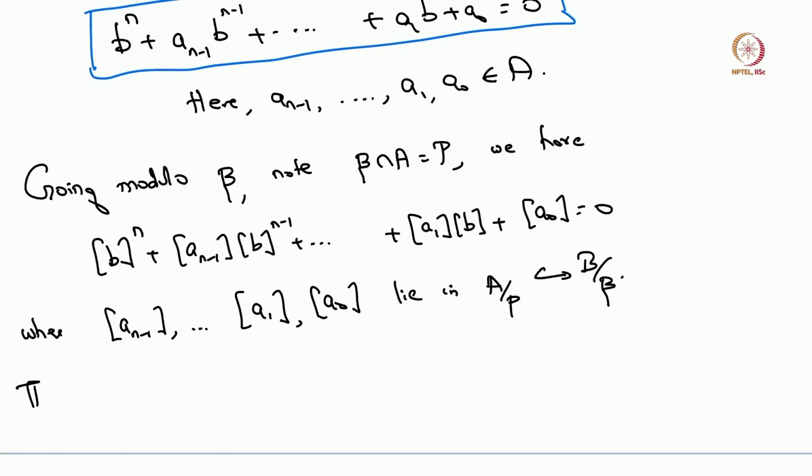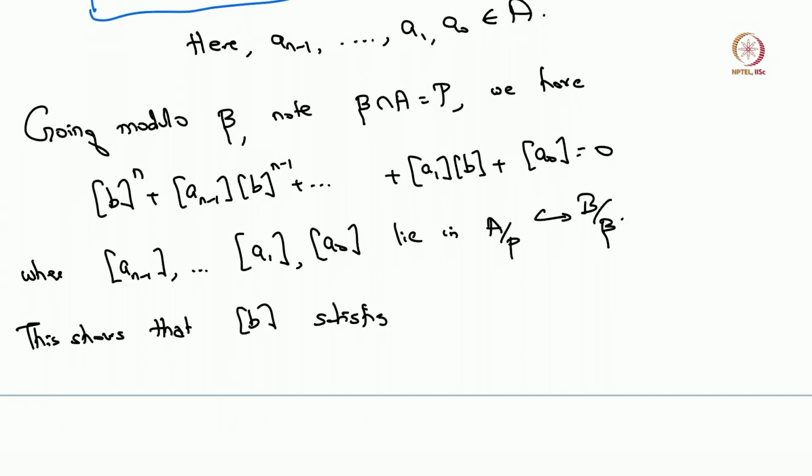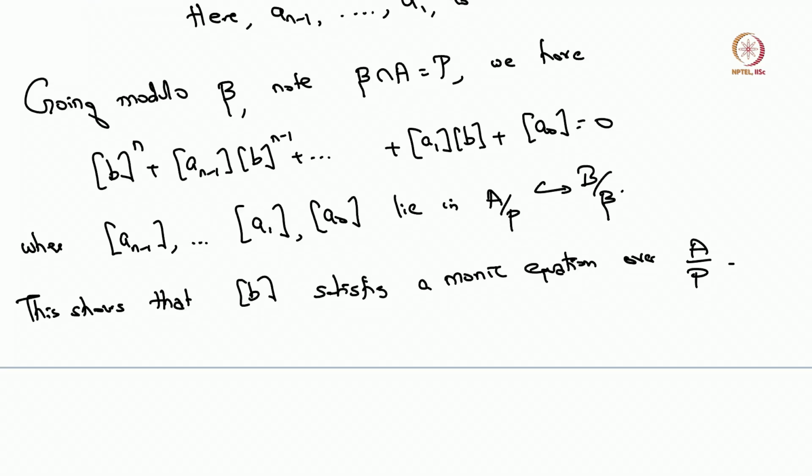And so this shows that this bracket B satisfies a monic equation over A over P. Okay, and so thus the quotient B over beta is integral over A over P, and this proves the claim.